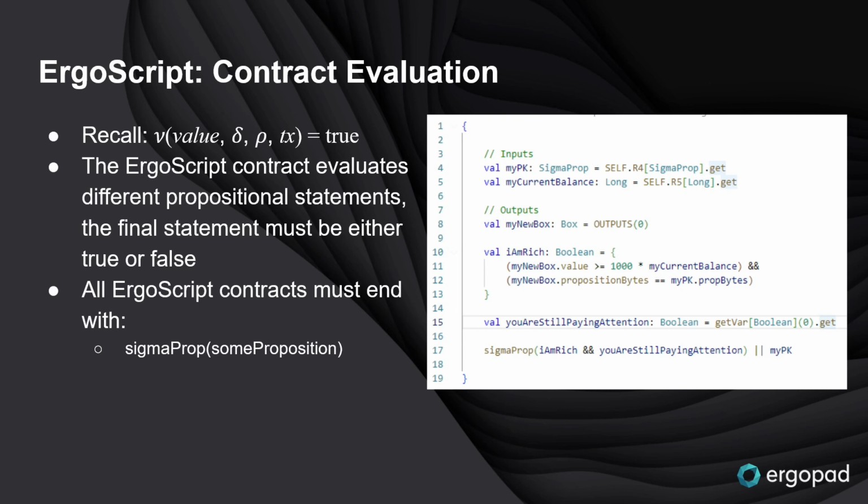And with the Ergoscript language, since it gives us the tools to access the different information in the transaction context, we're able to use that to create the propositions that we want. At the time that the transaction gets executed, these conditions will be checked, and if they are satisfied, then we can spend the box.